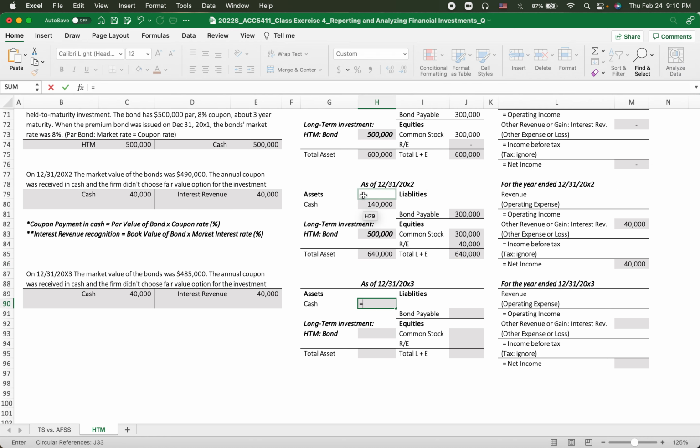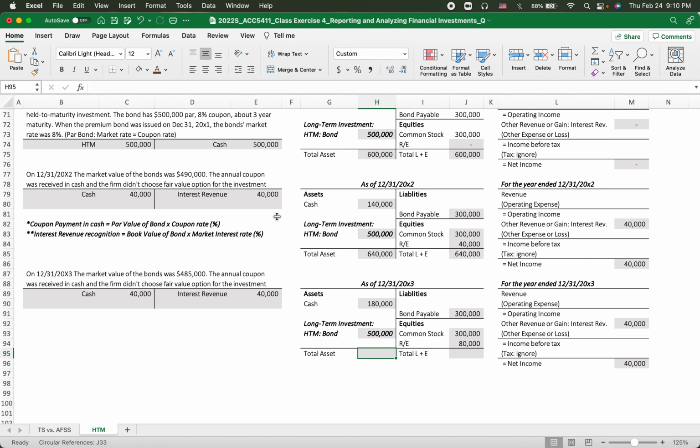Then let's continue from the ending balance of the prior year to start the beginning balance of the current year. Then we put the same interest revenue, then we retain it into the retained earning, and the cash amount should be increased by the coupon received.